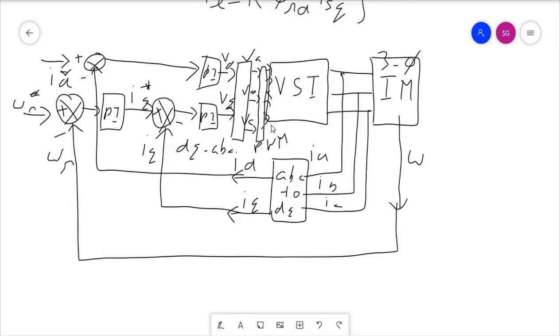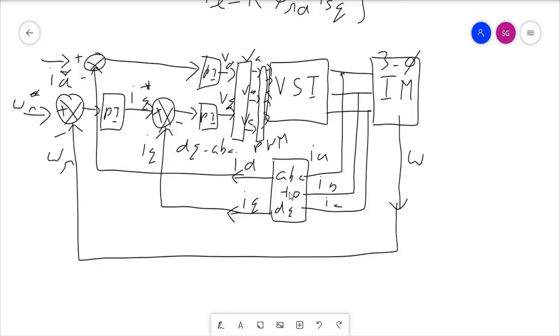And there is also an ABC to DQ transformation, two ABC to DQ transformations. So I think this is somehow a big exercise to do. This is called vector control. We control the voltage vector such that the current is controlled.